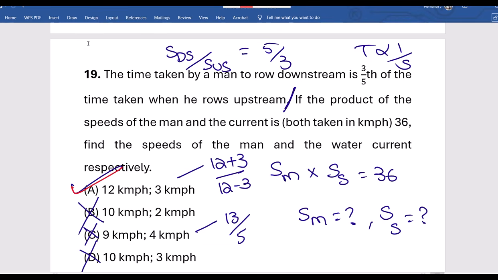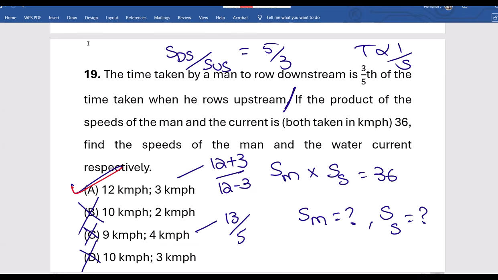Sir, in the question it is 3 by 5, why did you get 5 by 3? 3 by 5 is related to time, 5 by 3 is related to speed. Downstream means adding those two, upstream is subtracting those two. So now I am going with the options.